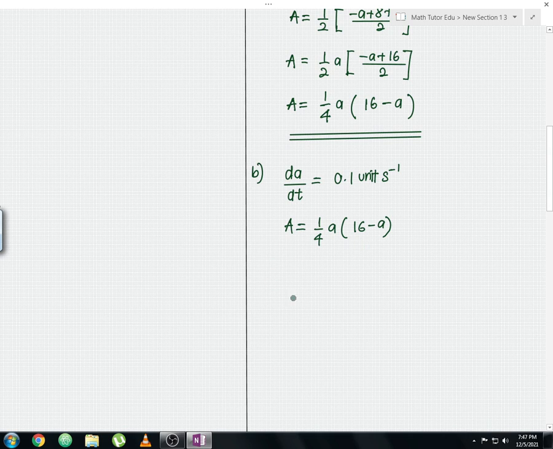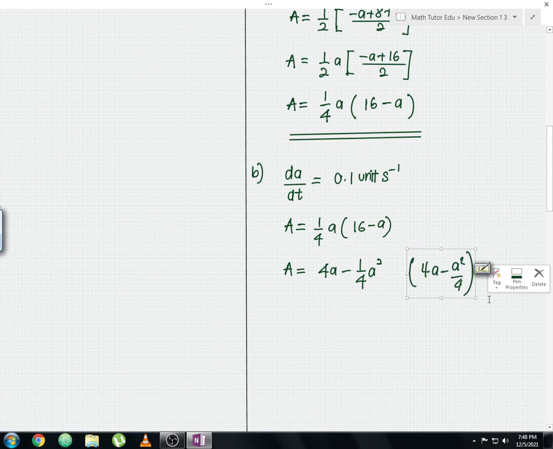So from here you multiply in straight away, and you should get A is equal to 4a minus 1/4 a squared. You may wish to write it like this also, (4a minus a squared) over 4, but it is better to write it in this form, so it will be easier for us to differentiate later on.